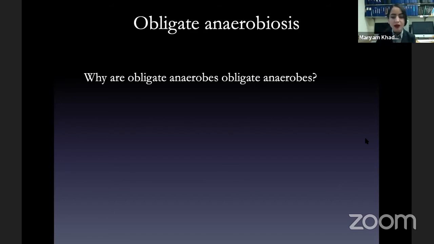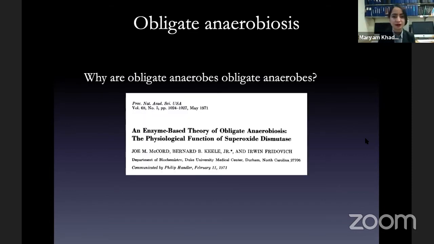A lot of work had been done on this. A very important paper came out in 1971 by John McCord and Irwin Fridovich. What they did was that they selected a couple of obligate anaerobic bacteria, and they checked if these bacteria have catalases or superoxide dismutases.